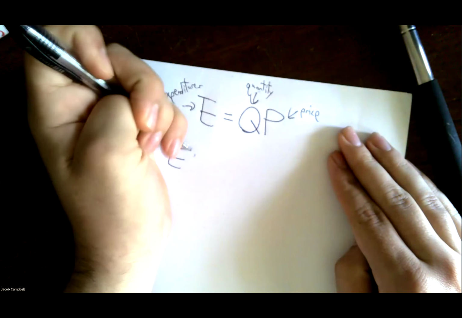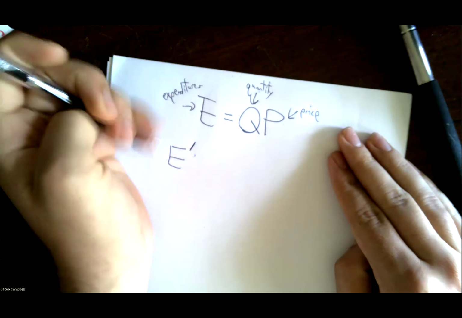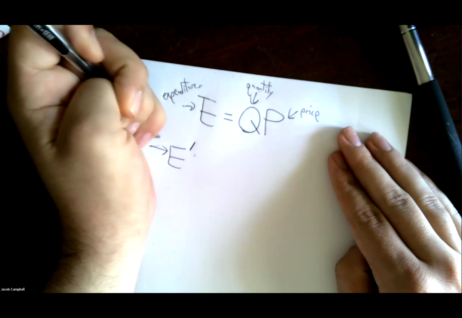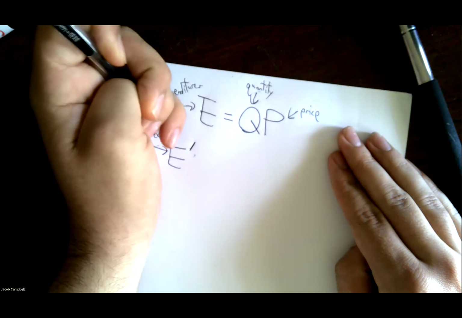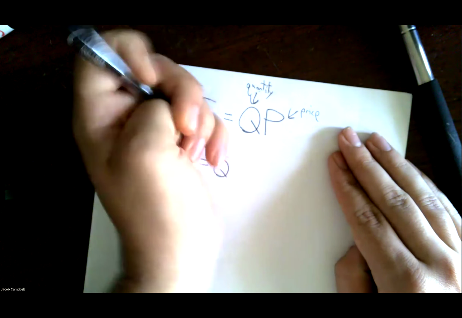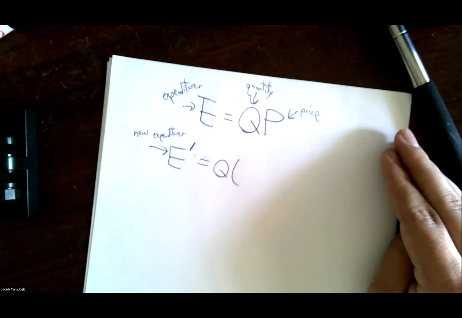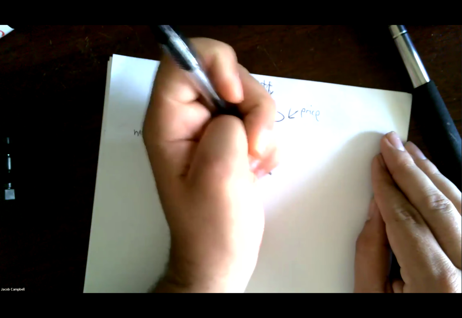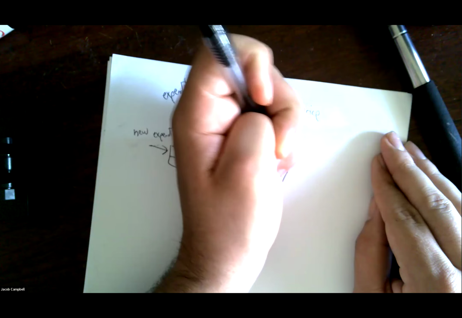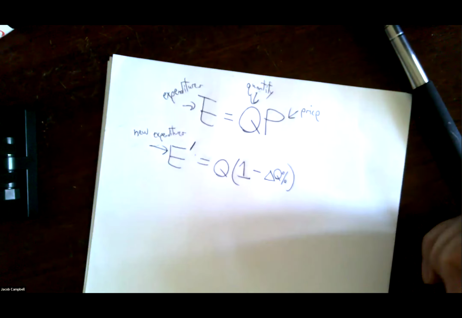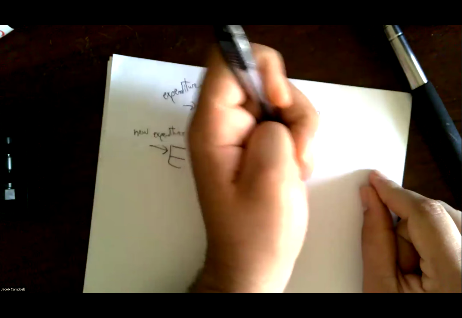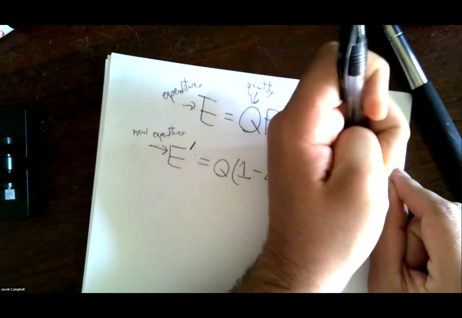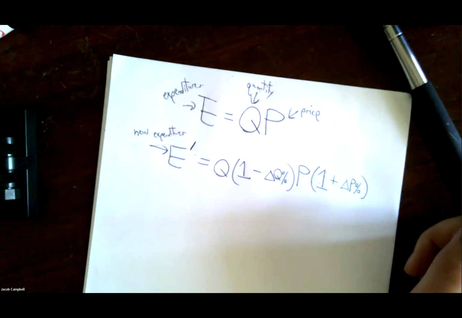This little apostrophe, E prime, means new expenditures. If we're increasing the price, then by the law of demand, your quantity is going to go down, right? So 1 minus the change in quantity expressed as a percentage. And of course, we have 1 plus the change in price expressed as a percentage.